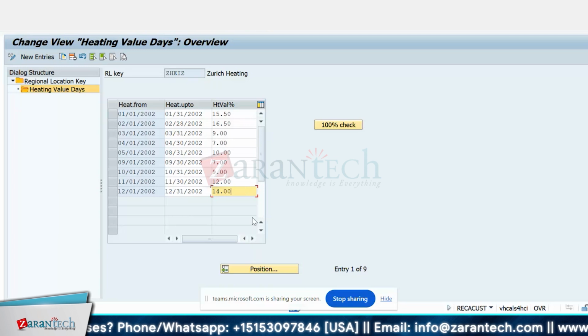Can someone tell me what heating days is? So ideally, heating days is what variation is allowed per month, how much heating variation or how much tolerance is allowed. That is called heating value days.